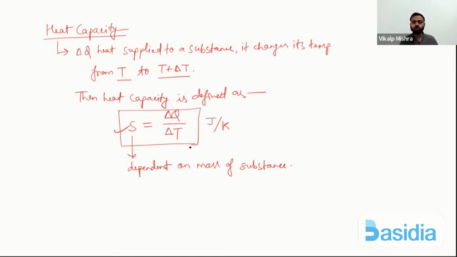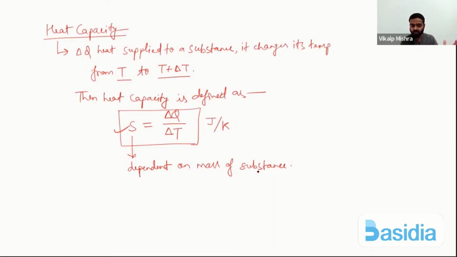So this heat capacity is dependent on mass. Like simple, if we have a small piece of aluminum and we are giving heat to it, then its temperature will rise fast.